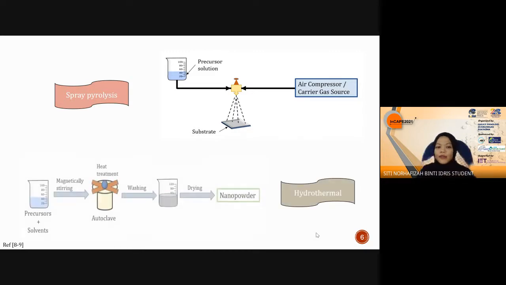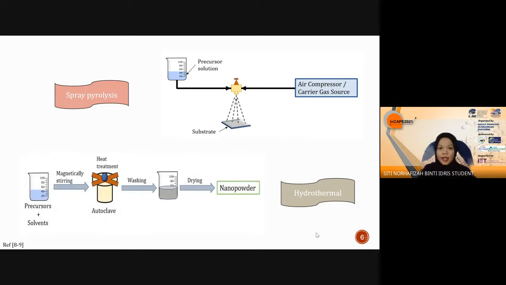Lastly, this is the hydrothermal process. In this process, the main apparatus used is an autoclave, a stainless steel chamber lined with Teflon material, and it is used as heat treatment in this process.